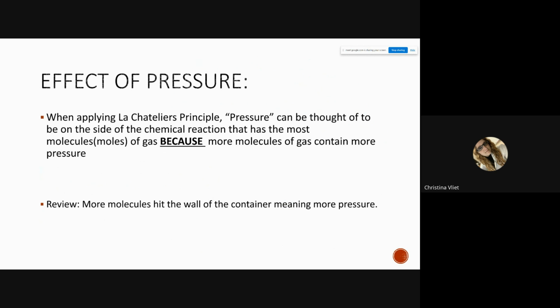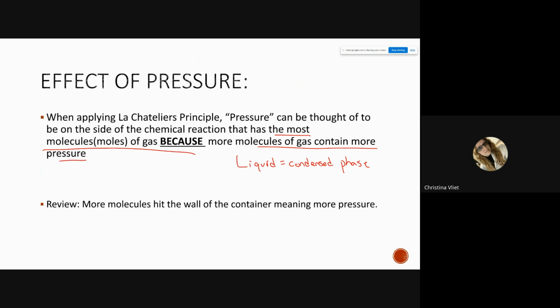Technically, pressure changes should really only matter for gases. Why? Liquid is a condensed phase. So when we're talking about effects of pressure, this should really only be looking at the moles of gas, because gas is spread over an area, whereas liquid is a condensed phase.